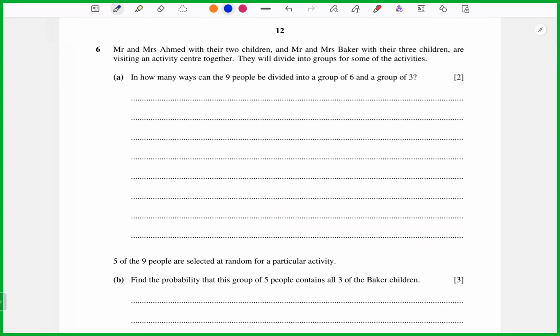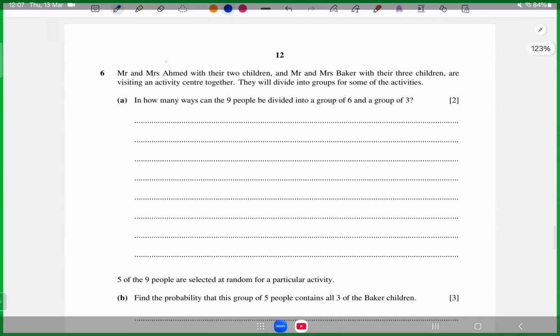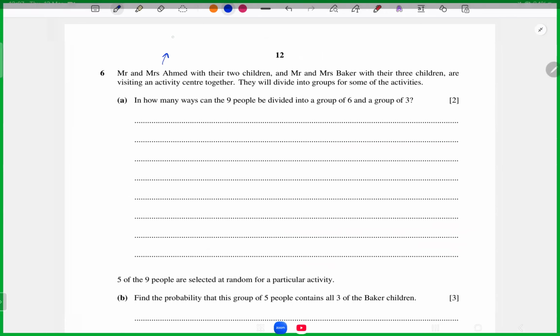So 2 plus 2 plus 2 plus 3. Here is 2 because we have husband and wife, plus 2 children, you will get 4. And here 2 plus 3 equals 5.